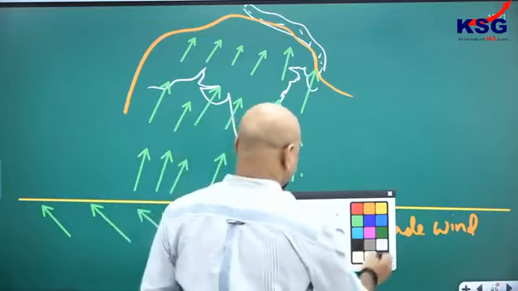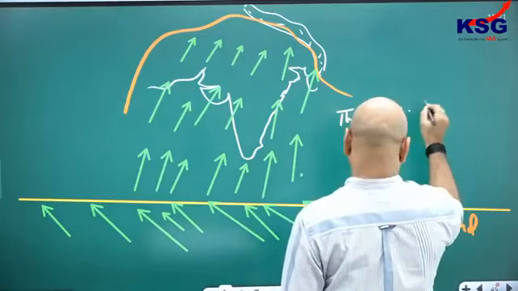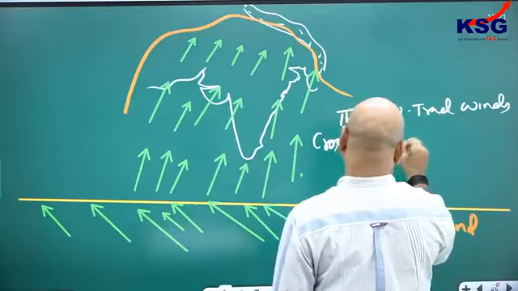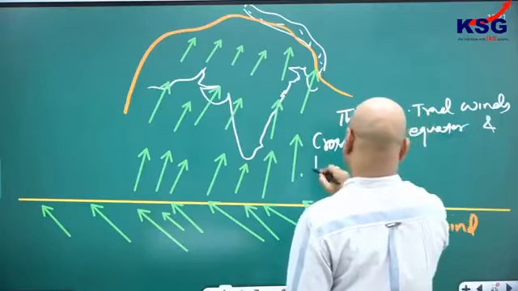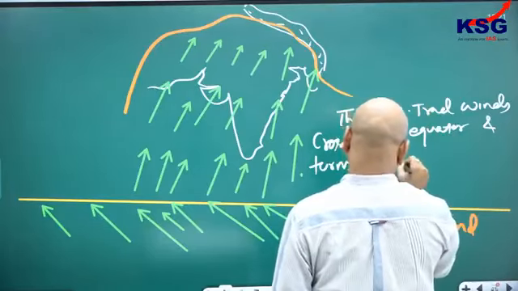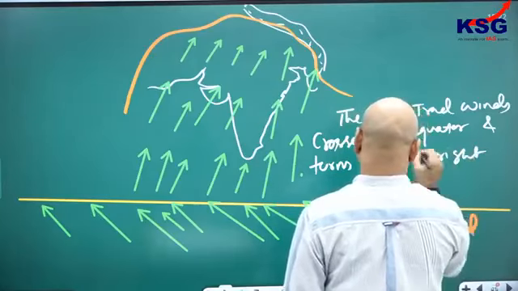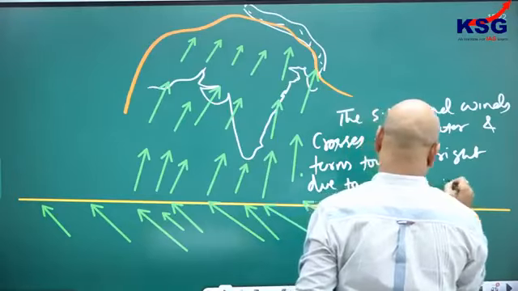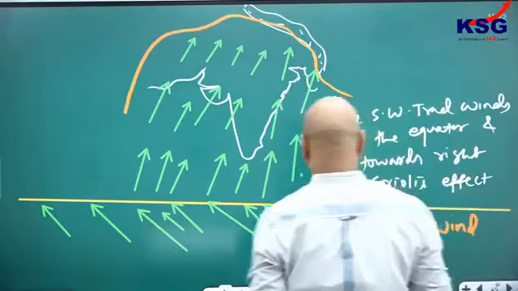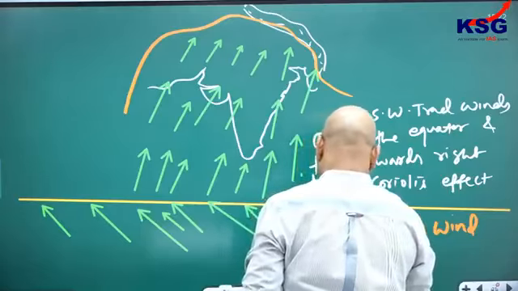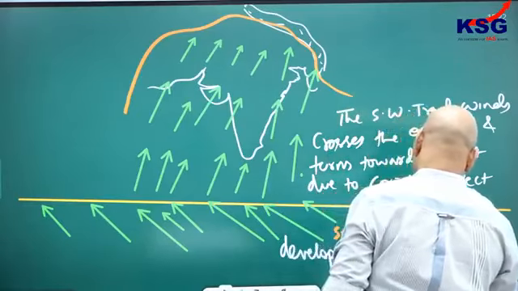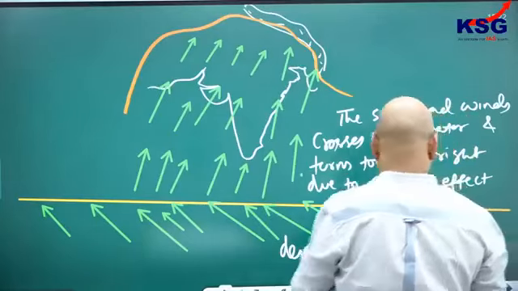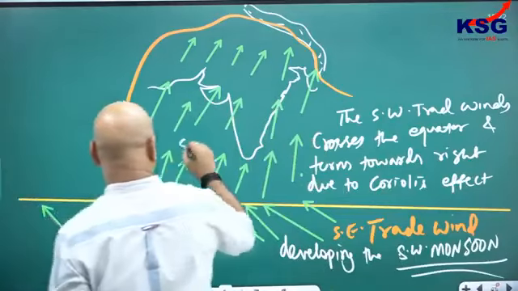So note down here, the southwest trade winds cross the equator and turn towards the right due to Coriolis effect, developing the southwest monsoon. ये हो गया आपका साउथ वेस्ट मानसून.